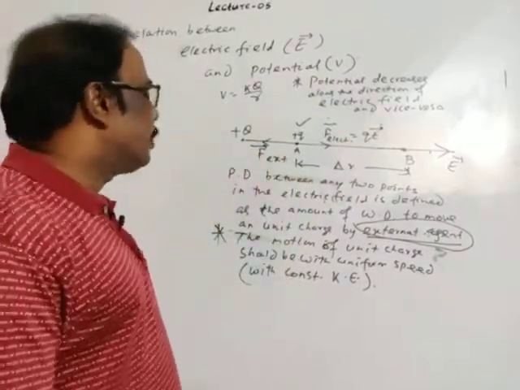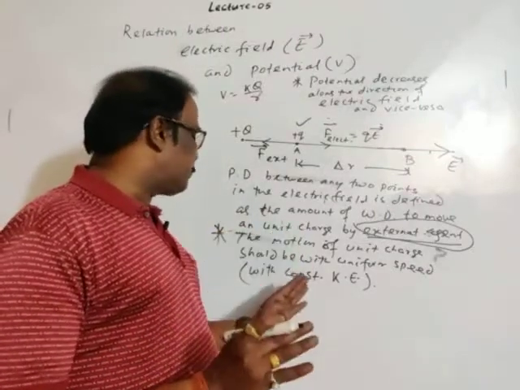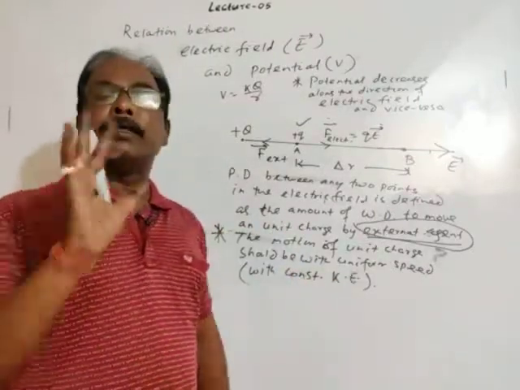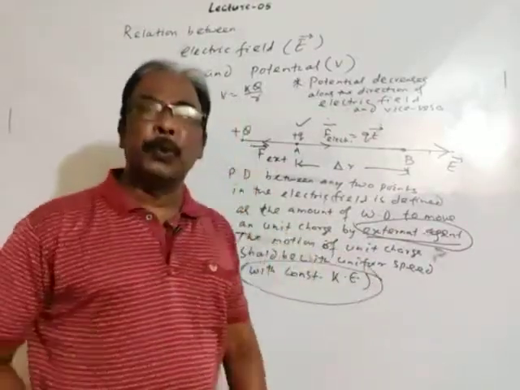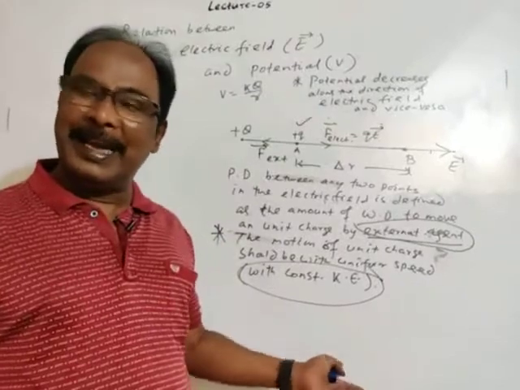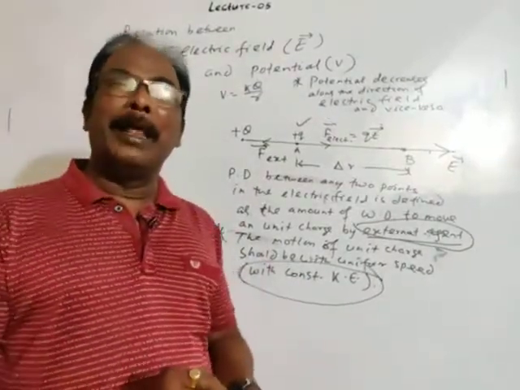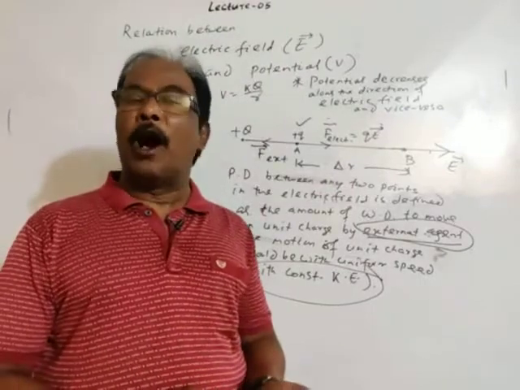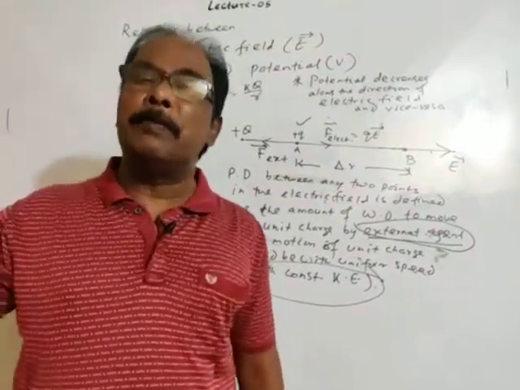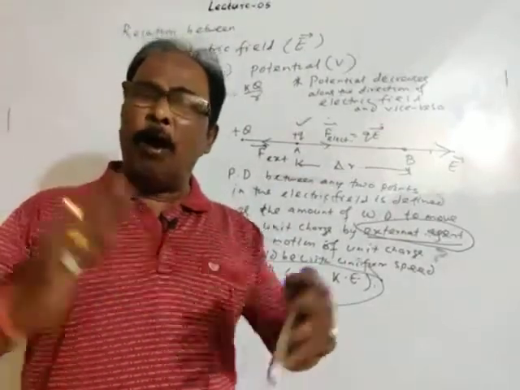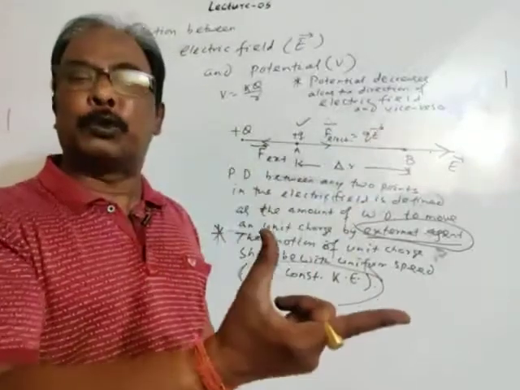Second point, the motion of unit charge should be with uniform speed or with constant kinetic energy. What is this concept? Why is it written so? If speed is constant, obviously kinetic energy is constant. Let's recall the basic concept of work. Work is either change in potential energy or change in kinetic energy or change in both.